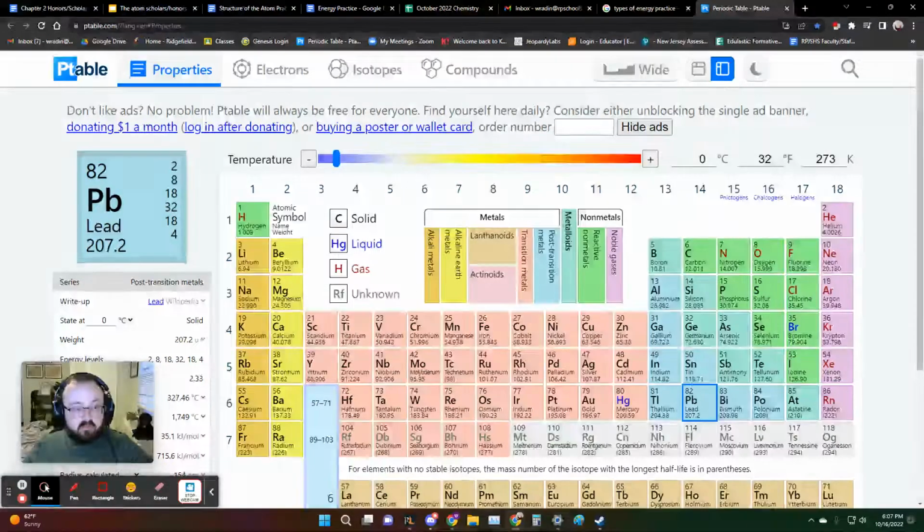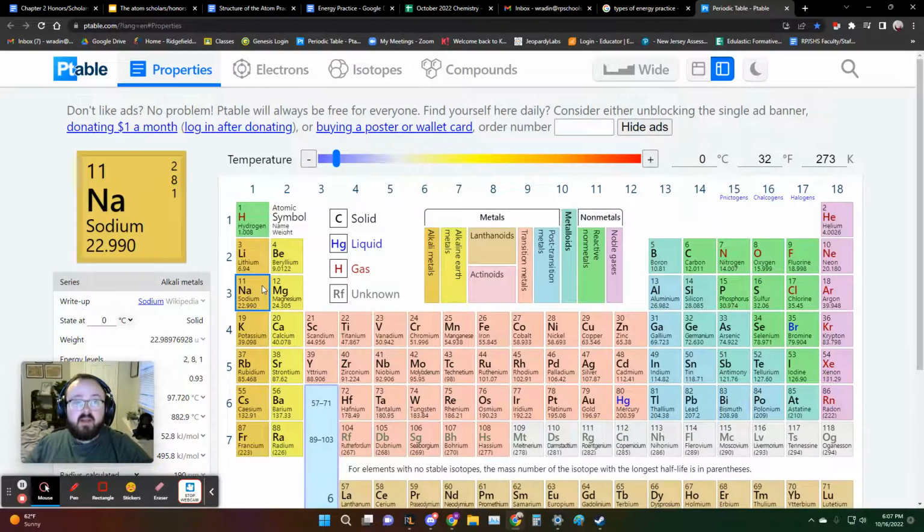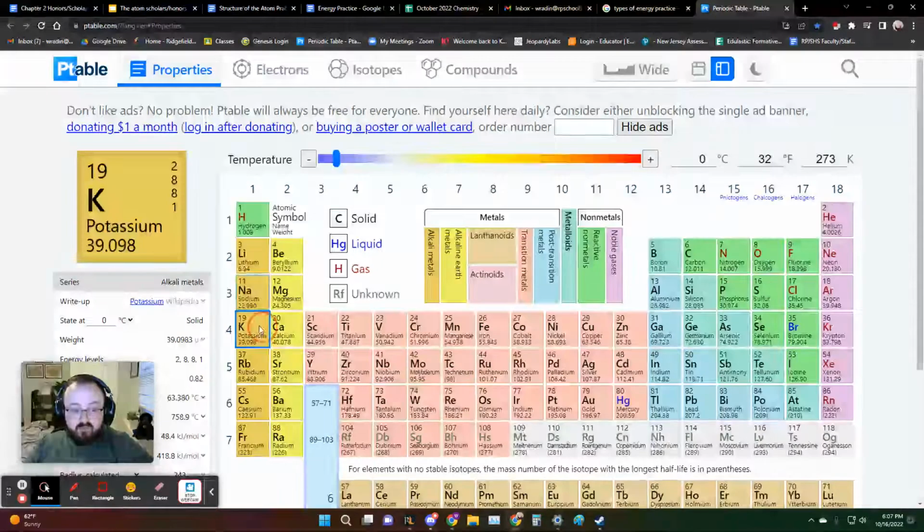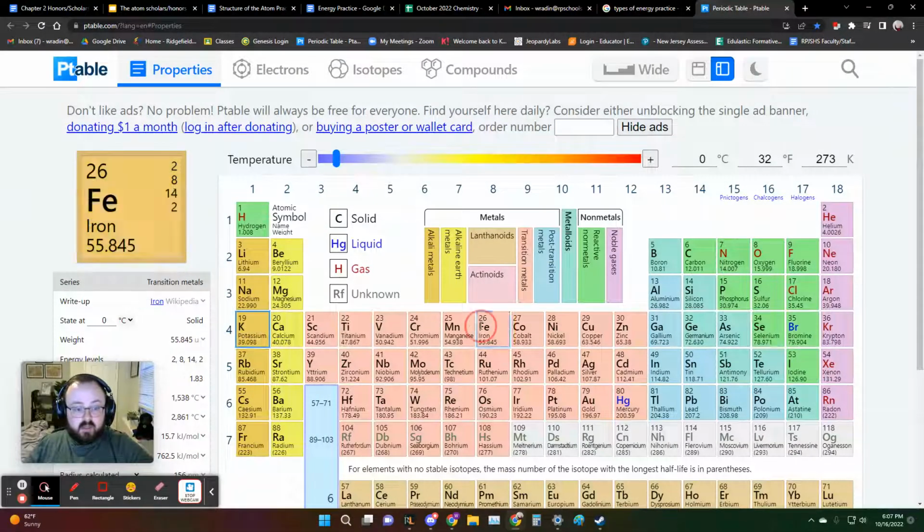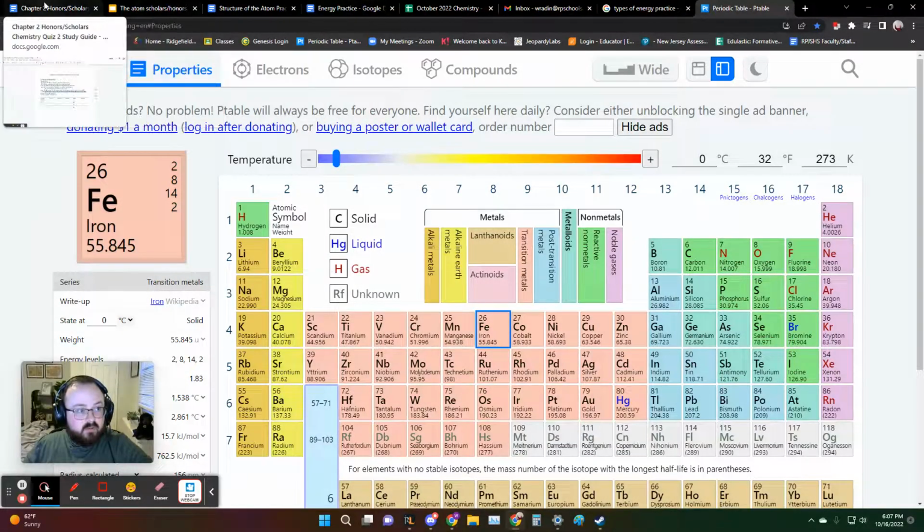Oh, lead. There we go. So I'm pretty sure that's all of them, but just be aware of those because I will start talking about sodium and I'll write the letters Na on the board. So if anything, you're probably going to need to know these two. We're going to use sodium, potassium a lot throughout this year. These are the ones we'll use the most, and I just looked. I forgot iron. Here's iron. So if you were calling out Mr. Raiden, you forgot iron. I didn't, but that would be a good catch.